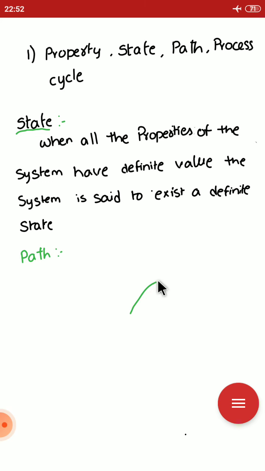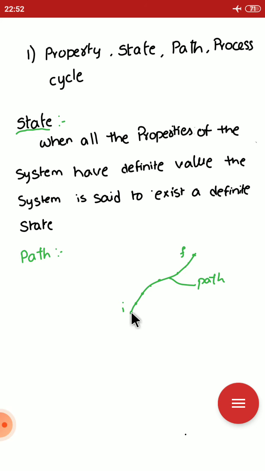See, when the system passes from one state to another state, from the initial state to the final state, we can call it a path.